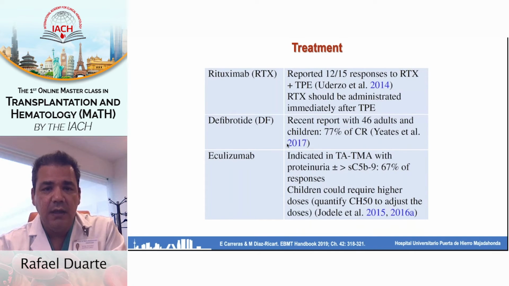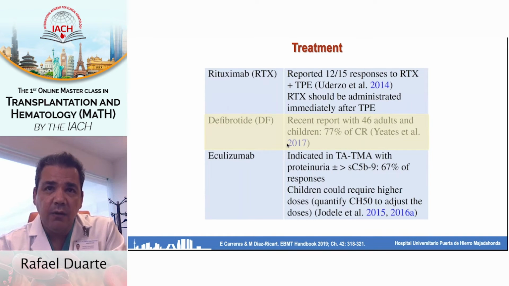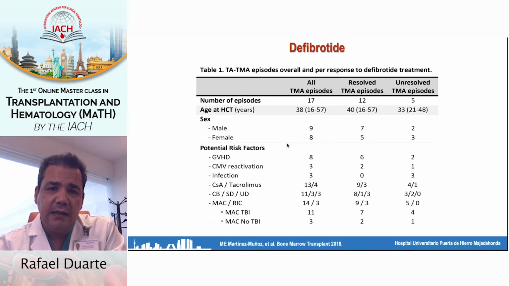We also looked in our center at these same data, highlighted here in our own hands, and this data was published a couple of years ago by Maria Martinez Muñoz from my center, looking at 17 consecutive episodes of TA-TMA in our center treated with defibrotide. You can see the difference between the resolved episodes and the unresolved episodes in terms of characteristics.